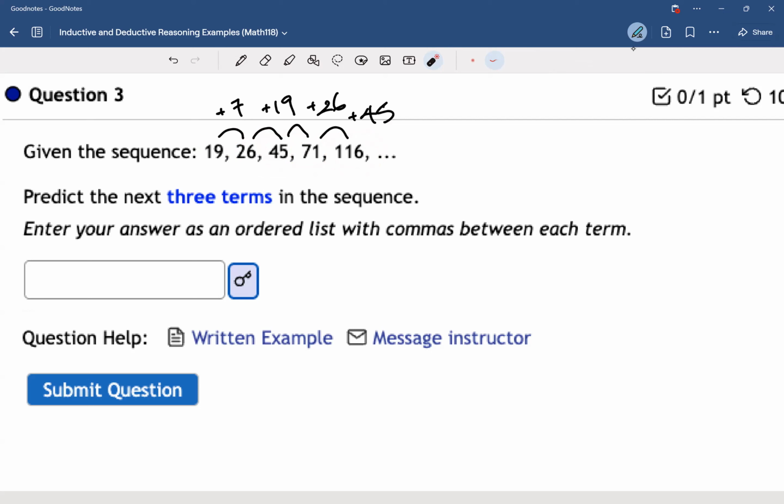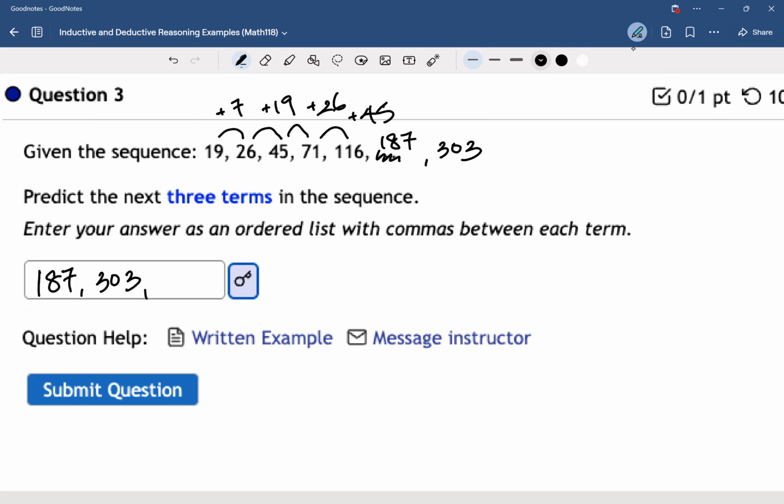And when I do that, I end up with 187. So that's going to be the next term, but I still need to find the next two terms, okay? So if I put a 187 here, now to find the one that comes after 187, I'm going to do 116 plus 187. I'm going to get 303.